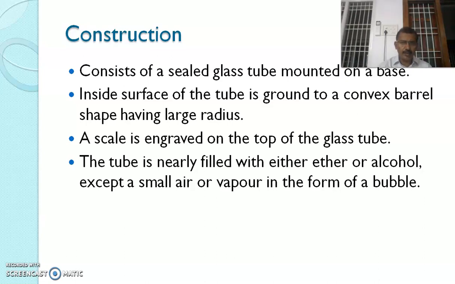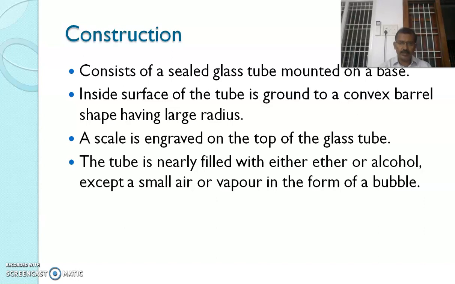The top of the glass tube is engraved, that is, some linear graduations are marked on the top of the glass tube. When a bubble is formed, the bubble sets at the top.